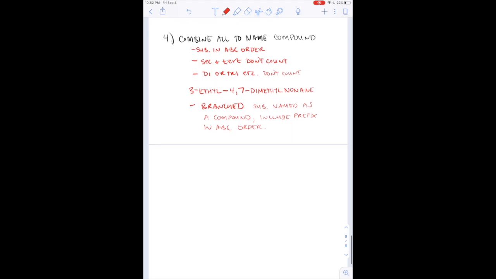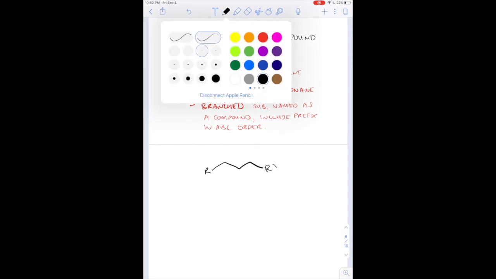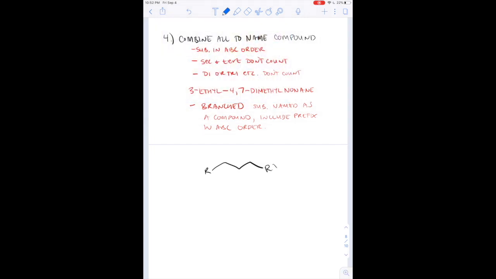Okay, so here's an example for you. Let me draw this. 1, 2, 3, 4, 5. We'll just give that an R group and then another R group. Let's say we have 1, 2, 3. That's coming off, and then that's coming off, and then that's coming off. That looks crazy, right?